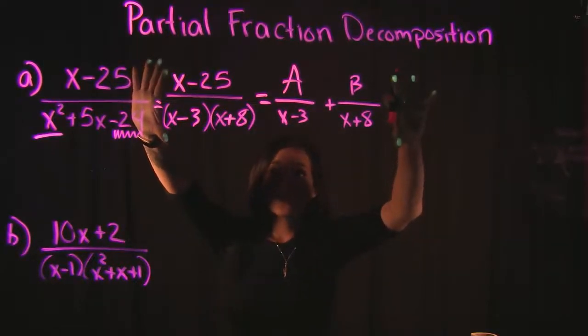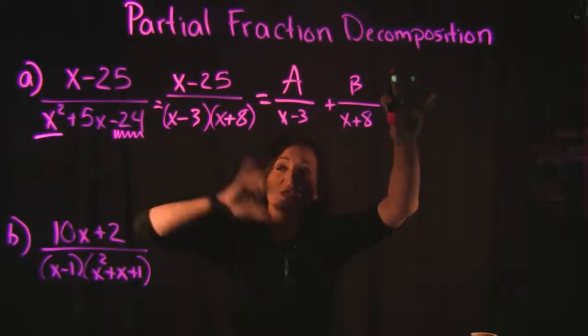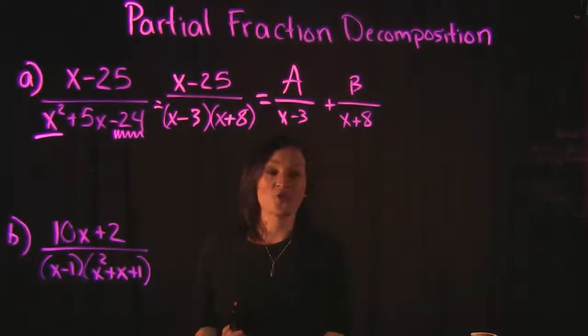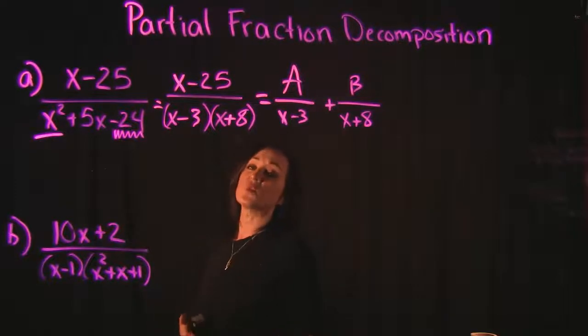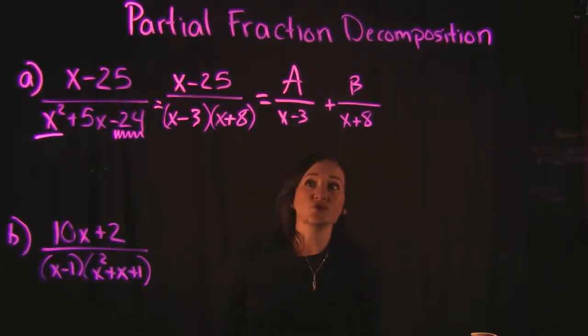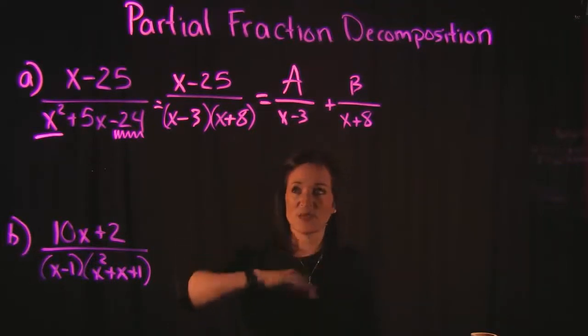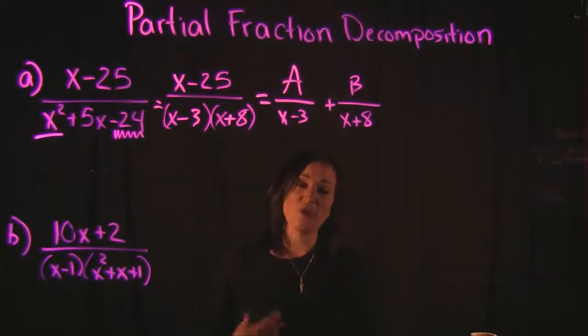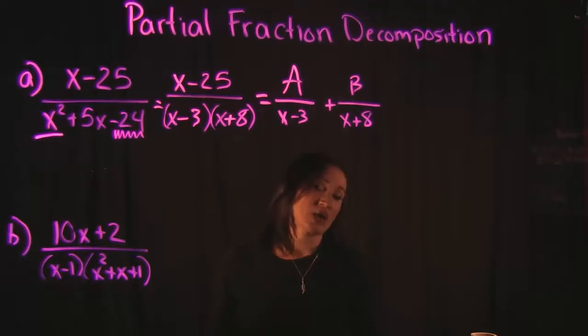So the whole x minus 25 over x minus 3 times x plus 8 is equal to all of this over here on the right-hand side. This is what we need to solve. In order to solve this equation, because of all the fractions and all the factors we have in the denominator, the way to solve this kind of problem is by multiplying the entire equation by the common denominator.